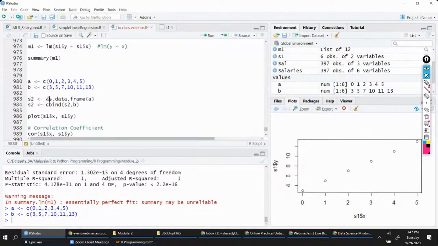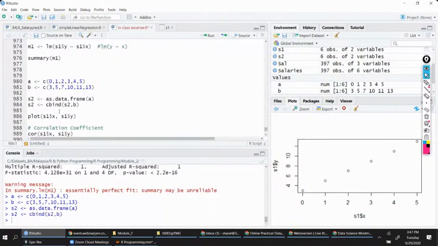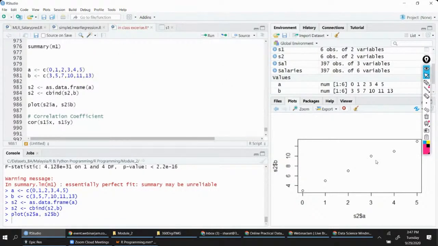So I'm creating another data set, S2. And if you see S2 here, the data point is slightly moving. If you see near 3 in the plot, observe carefully, this data point is moving. That's the only change I made between S1 and S2.